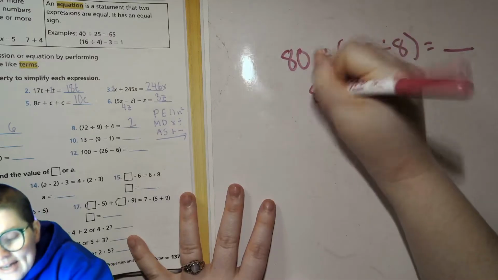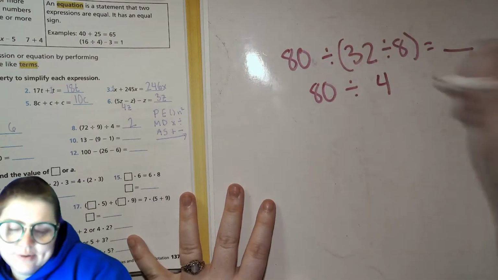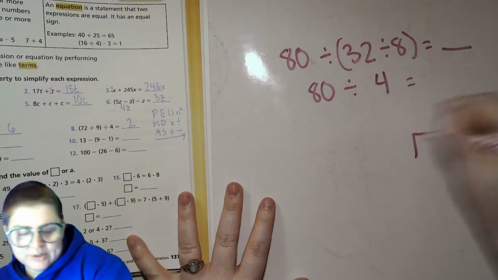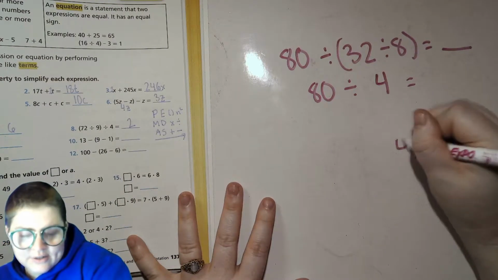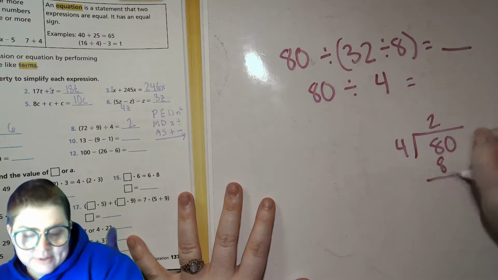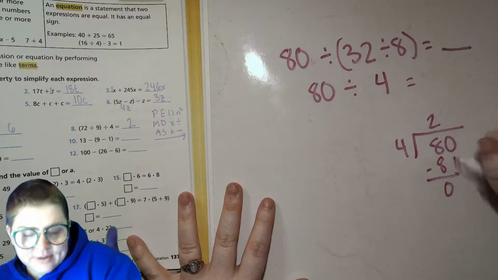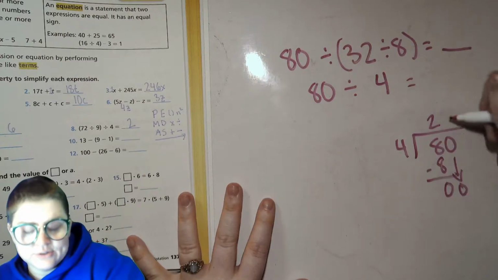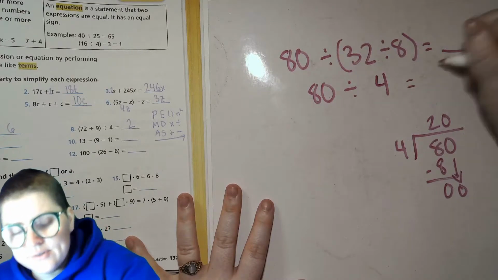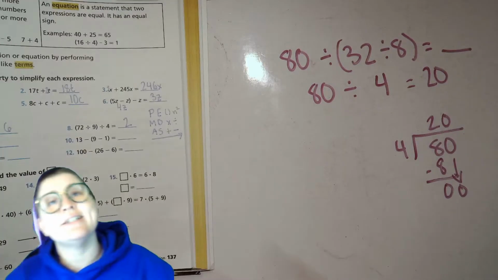So then we have 80 divided by 4. If you're not sure, you can set up an equation over here. 4 goes into 8 2 times. You get 8 when you do that. 0. Bring down that 0. 4 goes into 0 0 times. So you have 20, right? So then 20 is your answer.